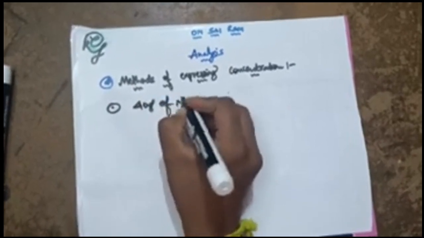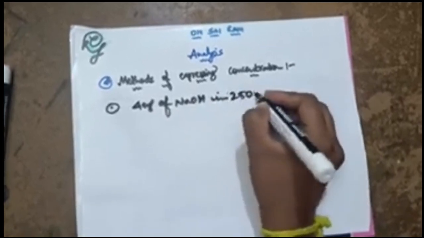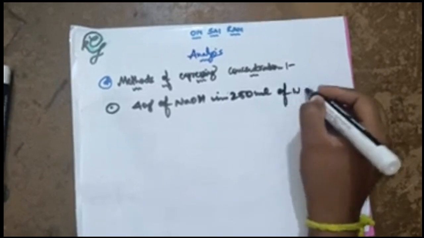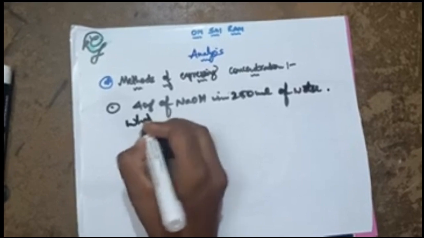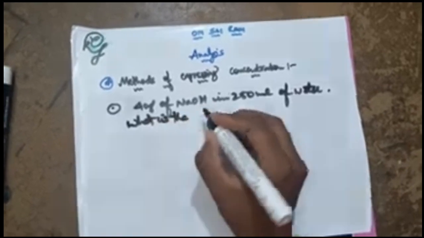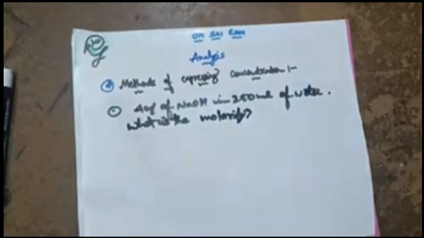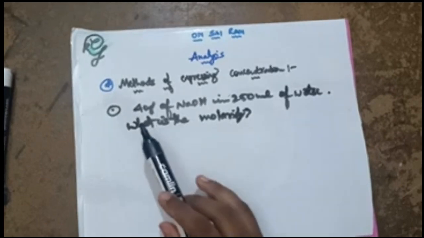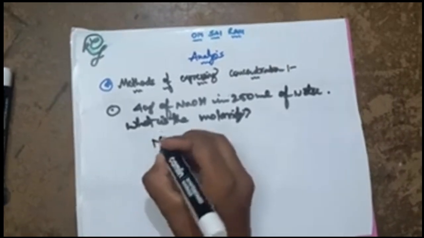We have 40 grams of sodium hydroxide in 250 ml of water. What is the molarity?